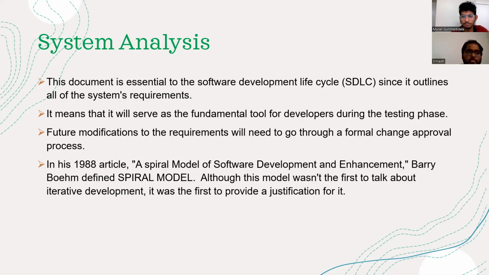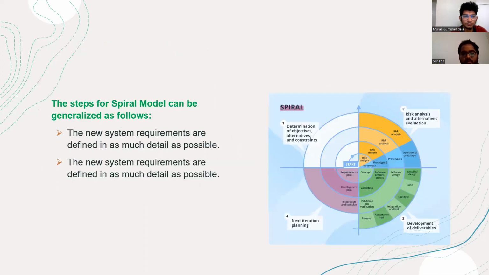We have a lot of information about the spiral model in this process. We have the determination of objectives, alternatives, and constraints, then the development of deliverables, and next the iteration planning. Everything is there, as you can see in the diagram.